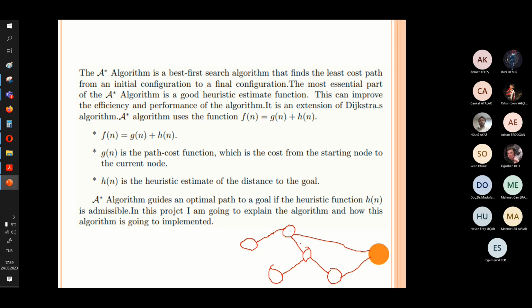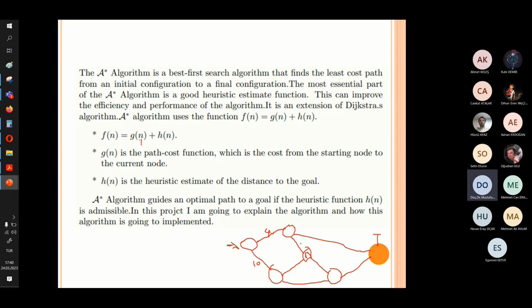The connections are like this. Imagine that we have got a weighted graph, and we have got some weights, let's say 4, let's say 10, etc. And this is our source. We start from here, and let's say this is our target. Okay, so that is the node n.